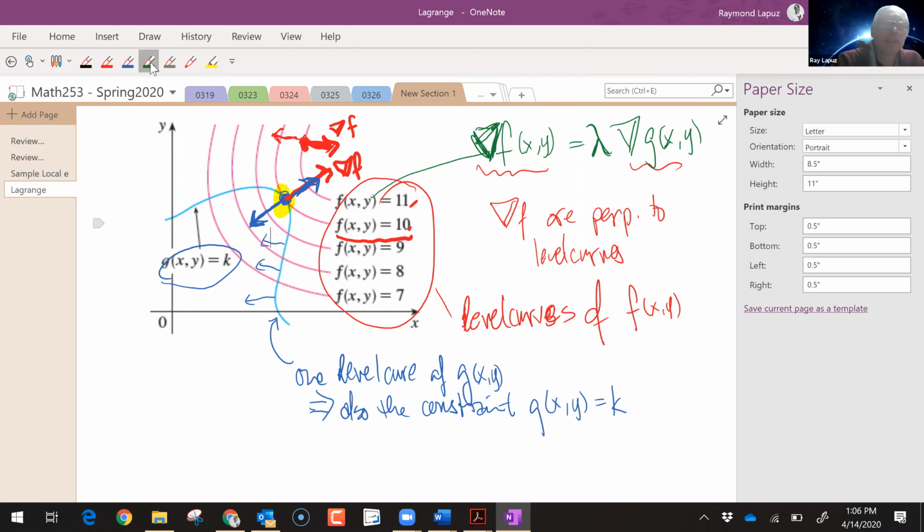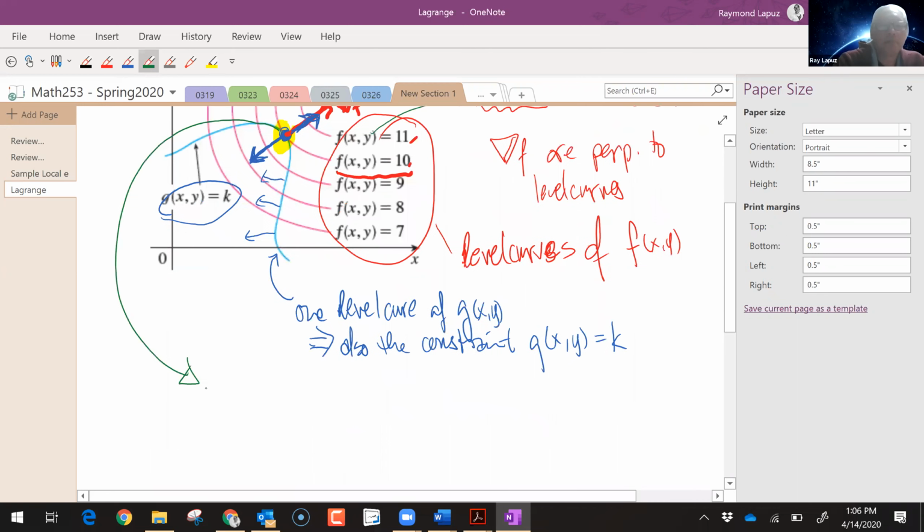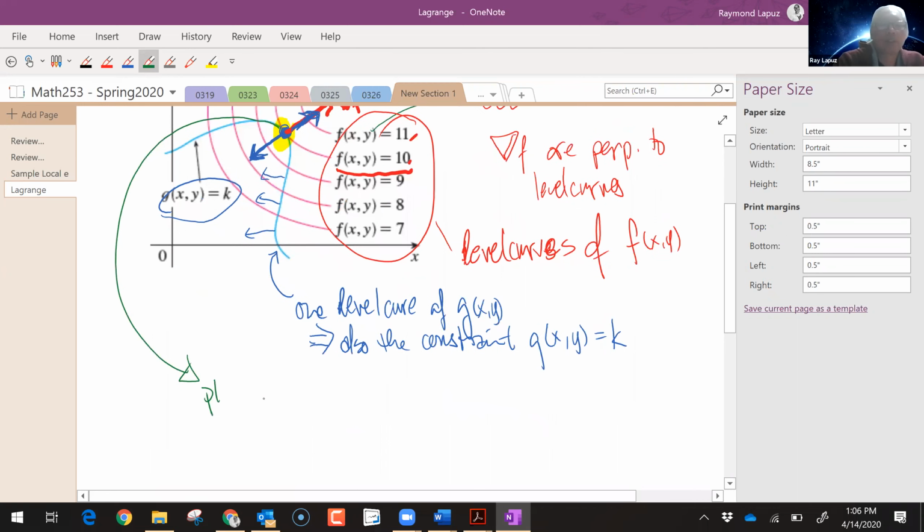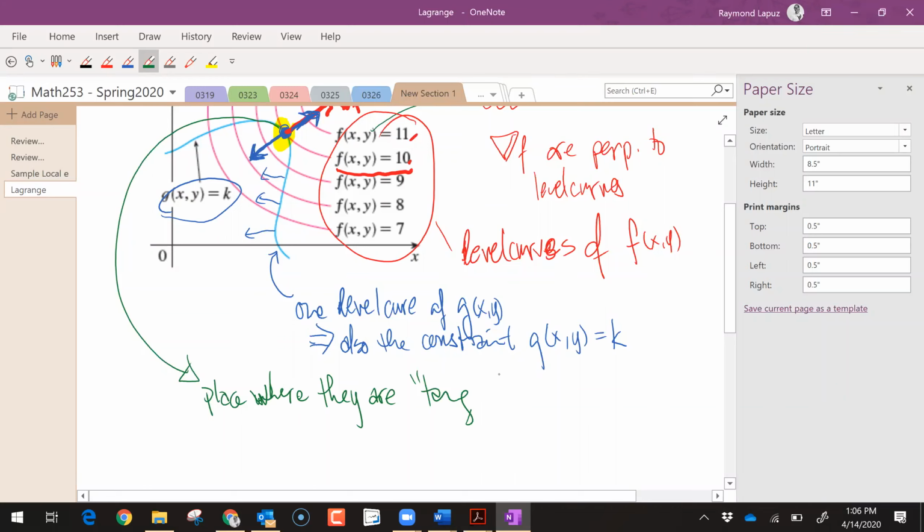The place where they are tangent to each other would be the place where you can have the max or min.